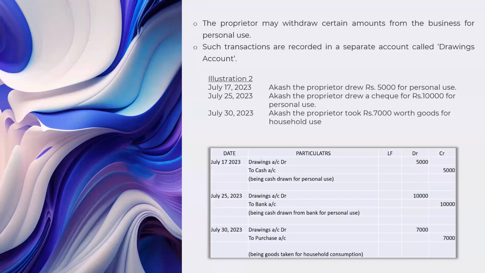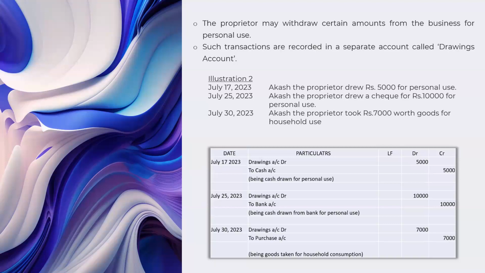In the second transaction, the office cash has again been withdrawn, but not from the cash used for day-to-day operational purposes, but from the bank in which the organization has its account.